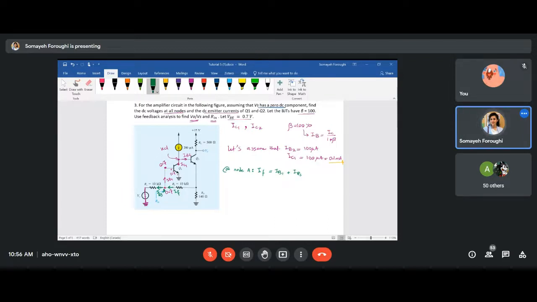And by the way, for finding IB1, you have your IC1. IB1 is going to be IC1 divided by almost 100. So let's say 101.